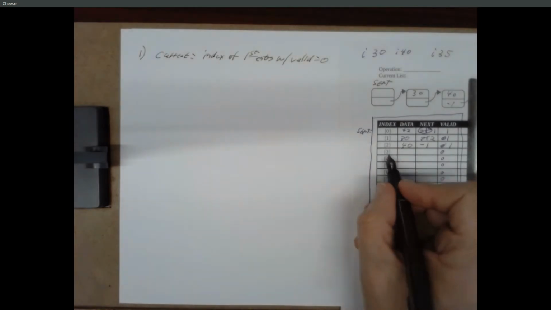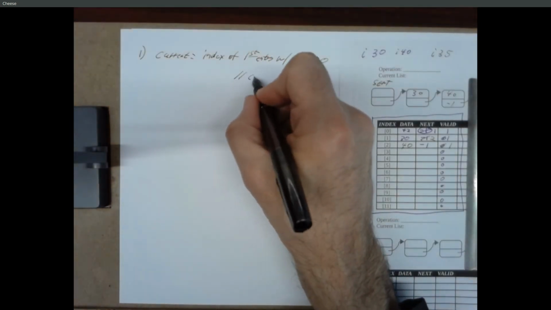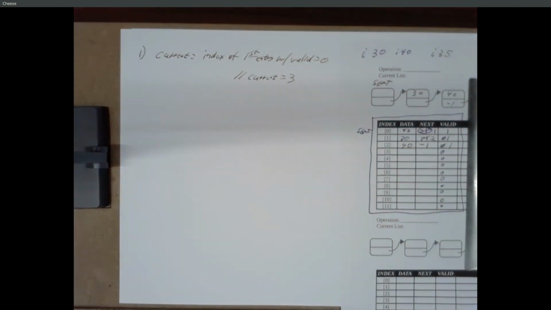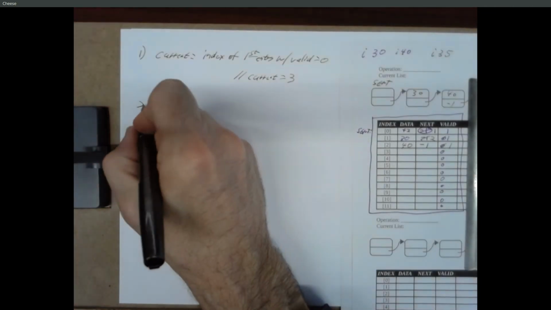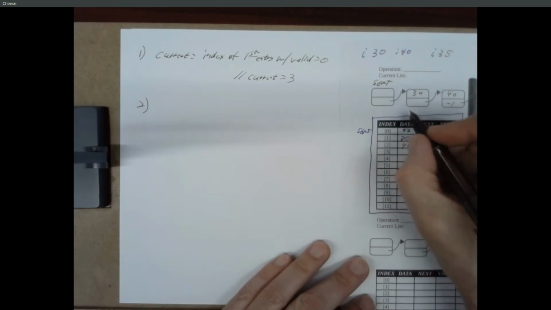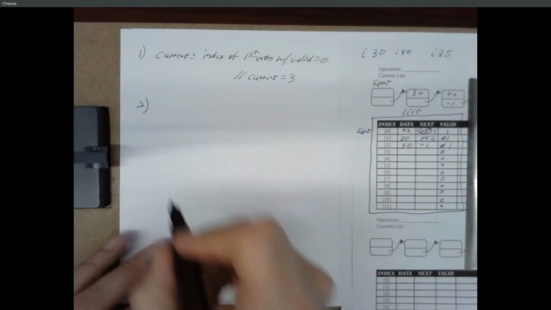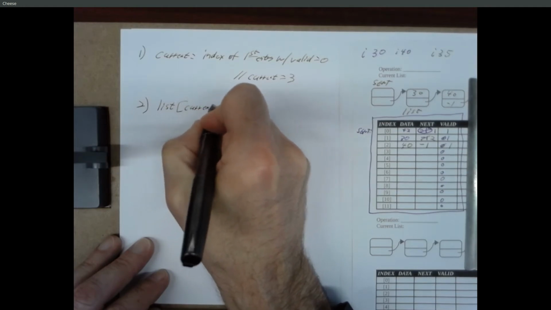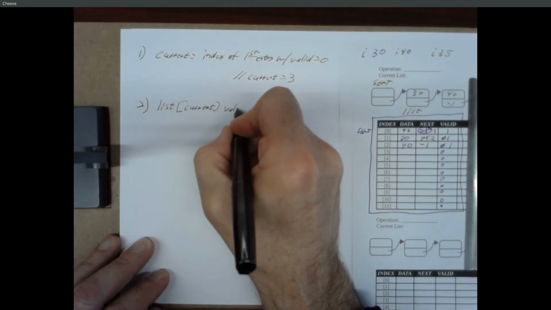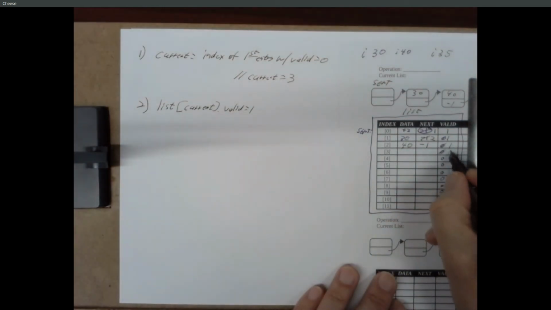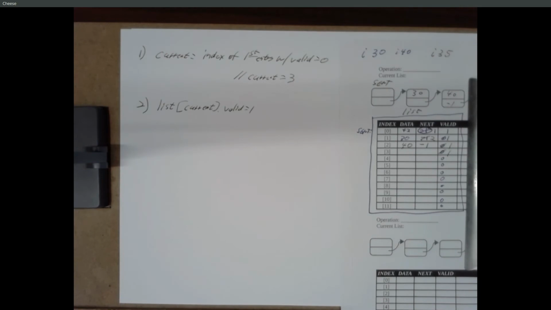And in this case, that's index 3, so I'm going to put a comment here which says current equals 3. Okay, and then we want to set that node's valid flag to be 1. So assuming I'm still calling this array list, I'm going to say list bracket current dot valid equals 1. And magically, this can change to a 1.